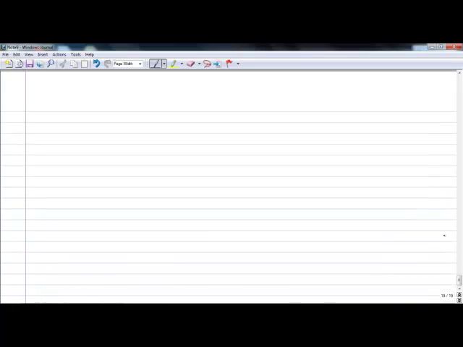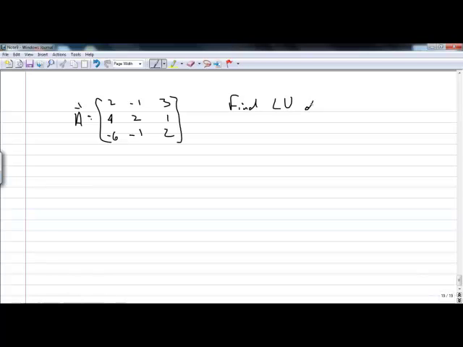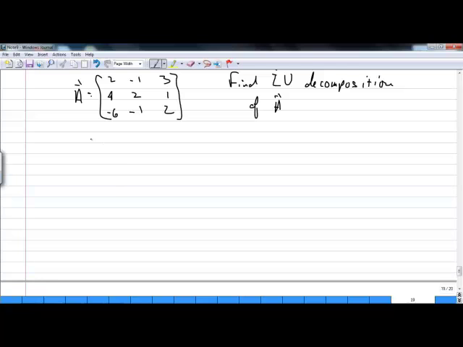Let's look at a 3x3 example. Suppose we have a matrix such as this one, and we want to do LU decomposition. So we do our row operations.